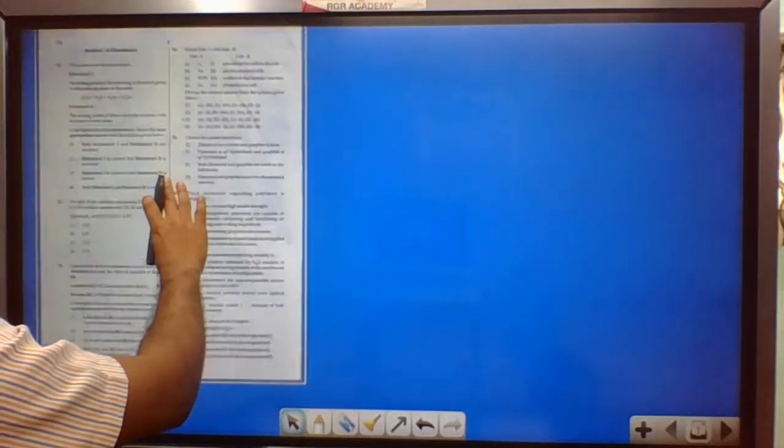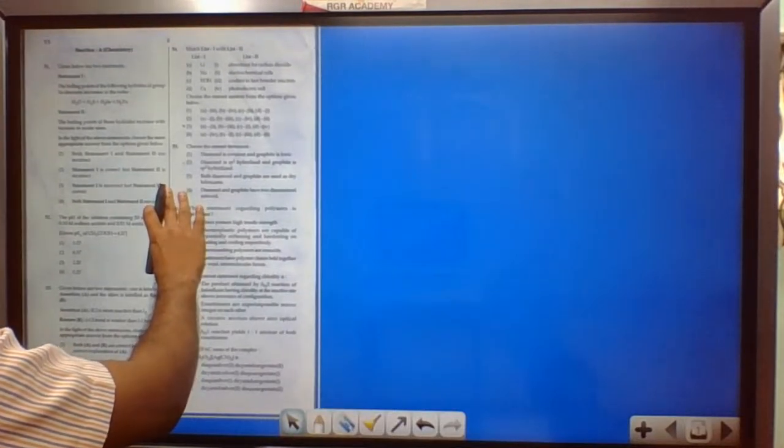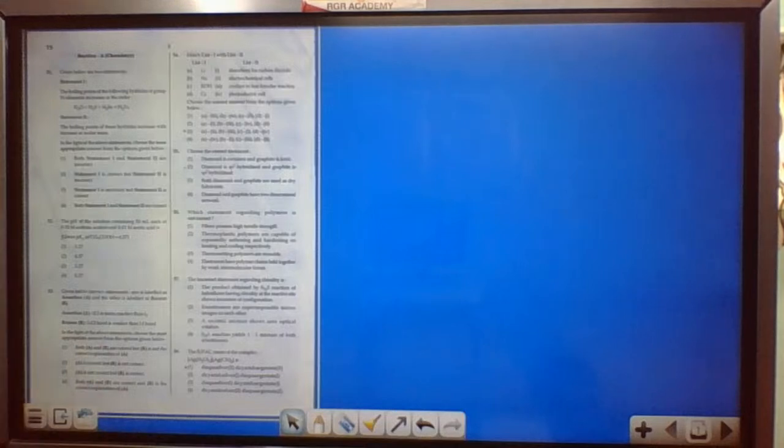T5 code. Let us take question 51. It is given from the 12th class P block elements, that is 16th group.